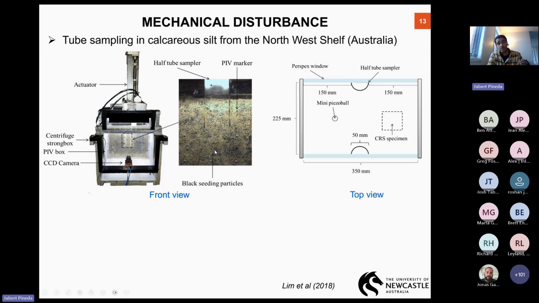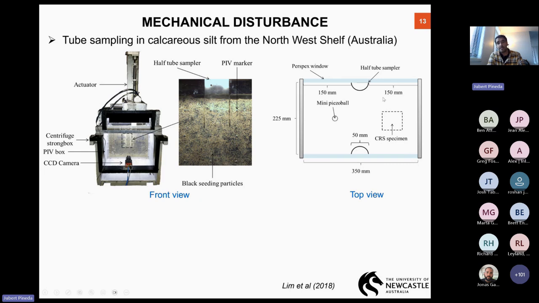The centrifuge strong box has transparent windows. This is a top view on the right-hand side. You see a transparent window in this part, and another transparent window at the other end.